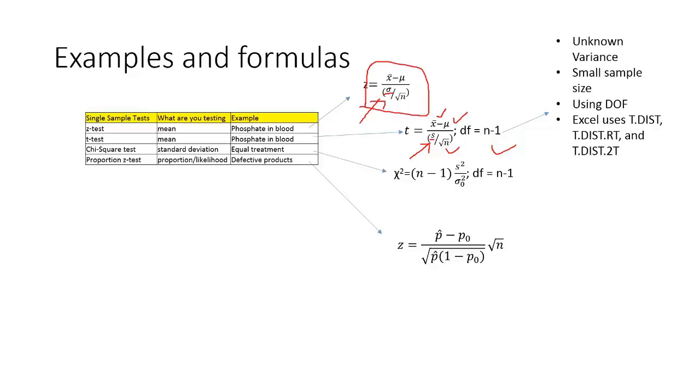Now, a couple of things are worth noting. We spoke about how if you know the variance, you can use the z distribution. If you don't know the variance, you can use the t distribution. But there is this exception, right?